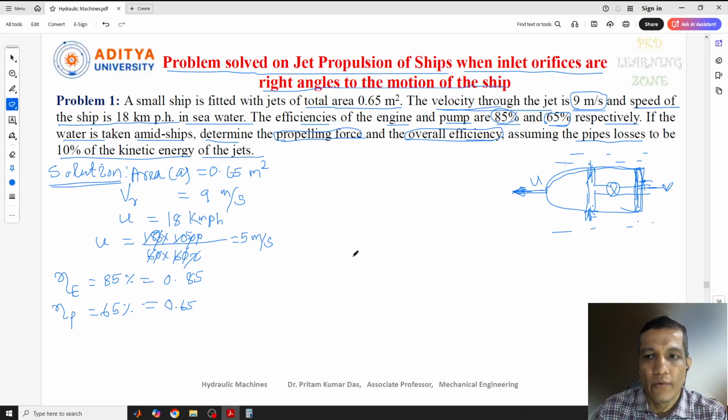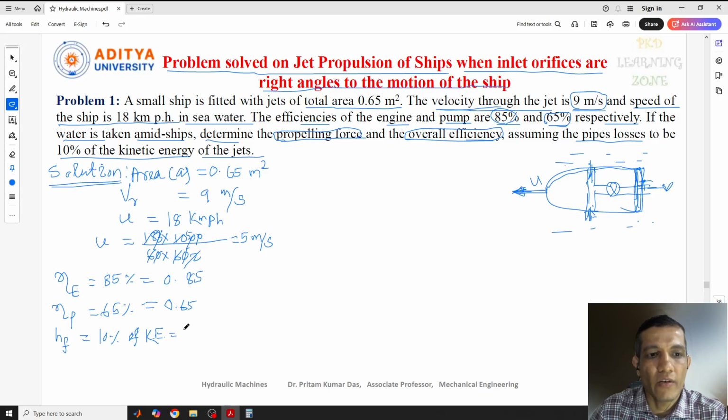Now assuming the pipe losses to be 10% of the kinetic energy. So pipe losses, let's consider this is hf, and that is 10% of kinetic energy. Kinetic energy is equal to half mv square.